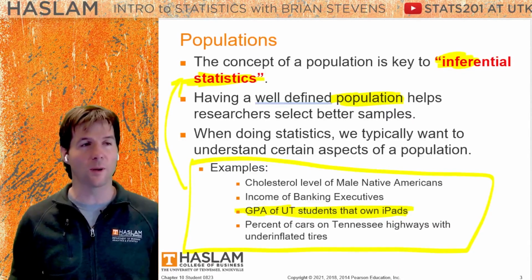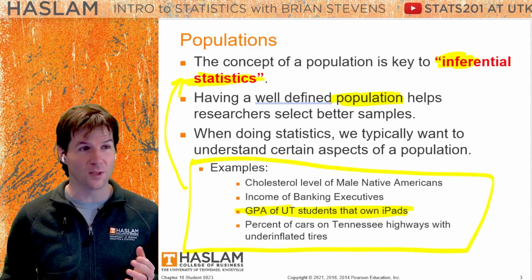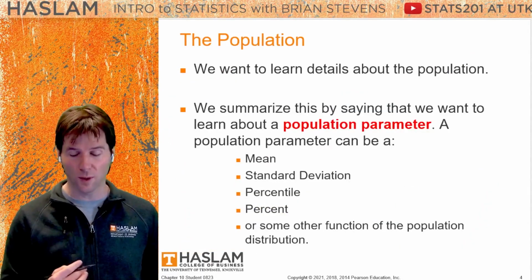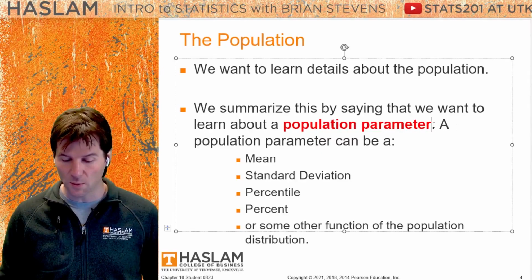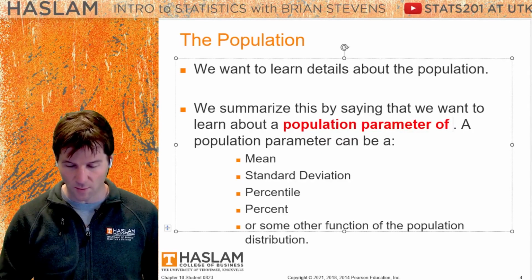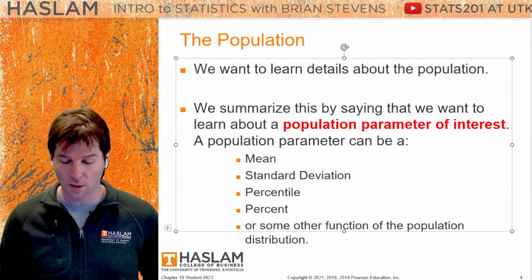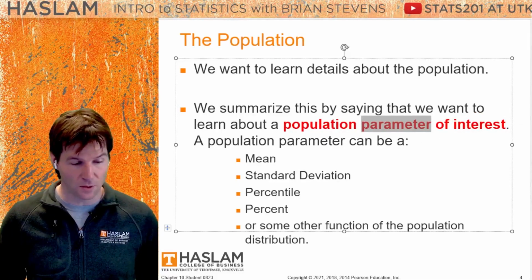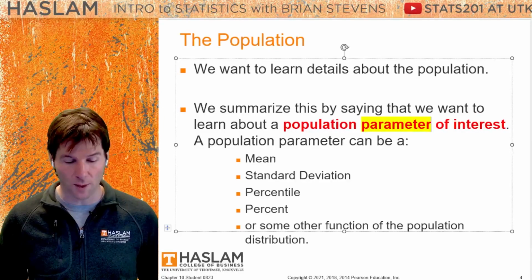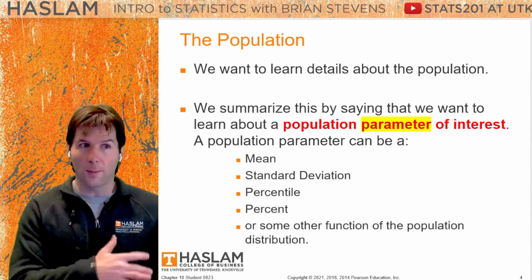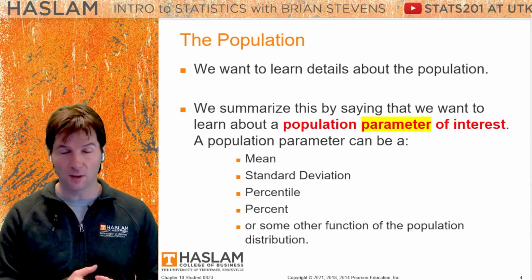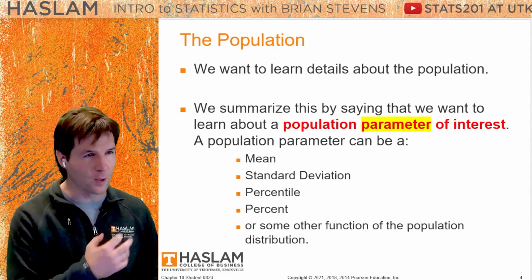So what is that truth about the population? We keep saying it, it's the population parameter. Now, I do want to say sometimes people add extra words to this, like population parameter of interest. But the key word here, if someone says population parameter of interest, is simply going to be parameter. So it is for a population, but the parameter is the only thing we need to say, like, what is the parameter we're measuring?